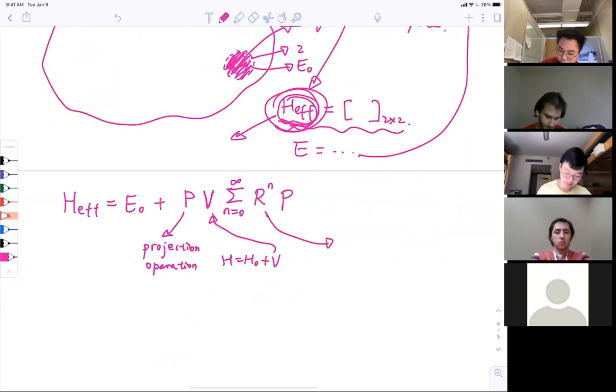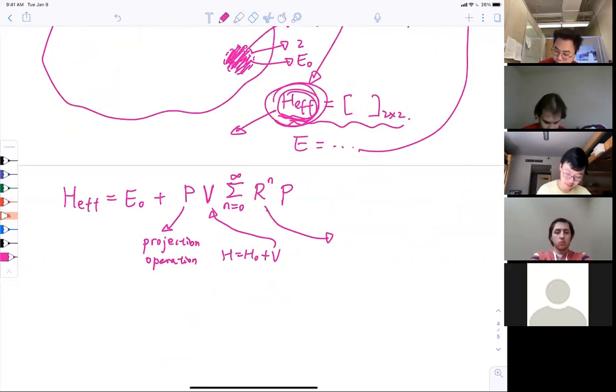And this R is known as the resonance. It's defined like this.